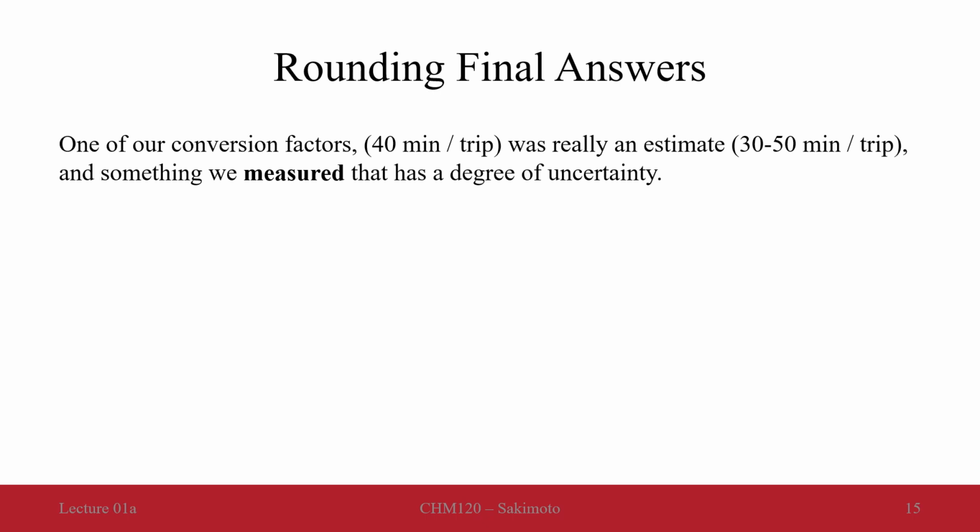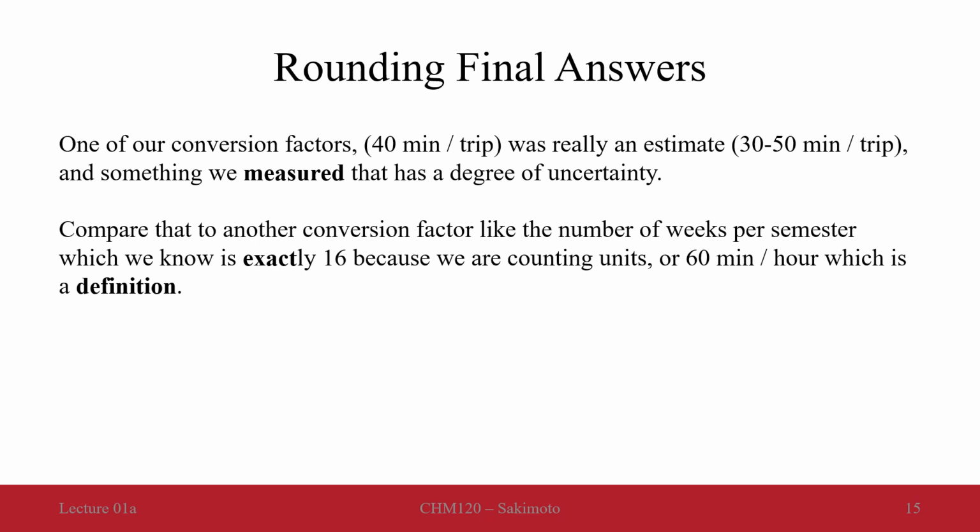And it really was an average of an estimate that depending on how quickly the T is running that day, depending on how busy the cars are, that same trip might take me anywhere between 30 to 50 minutes, a range of values. And this thing that we measured, the length of the trip, has some sort of degree of uncertainty. It could be shorter than 40, it could be longer than 40, plus or minus 10 minutes or so.